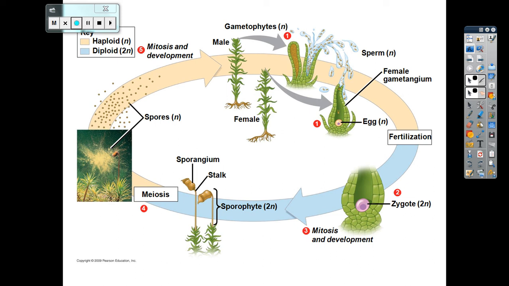Remember, gymnosperms and angiosperms. Gymnosperms were your cone-bearing things like your conifers, pine trees, and so on. Angiosperms are flowering plants.